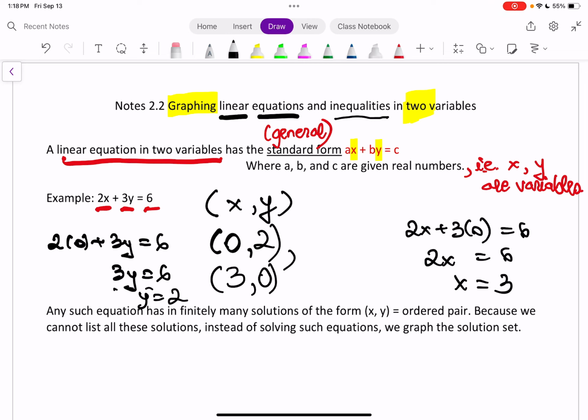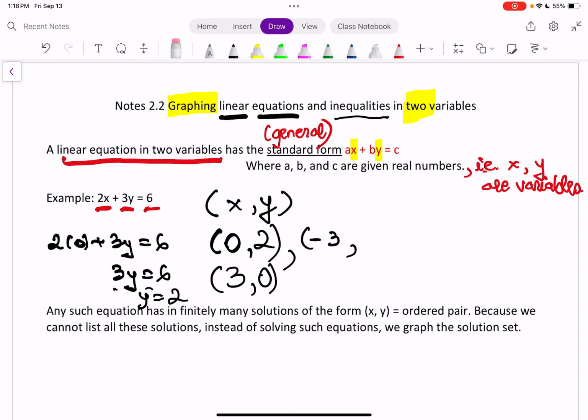And it turns out there are a whole lot more. So let's say I make, not 3 because we already have that, sorry. Let's say x is negative 3. Okay, then how much would I get for y? And I'm going to delete this piece here. I'm going to substitute x with a negative 3.